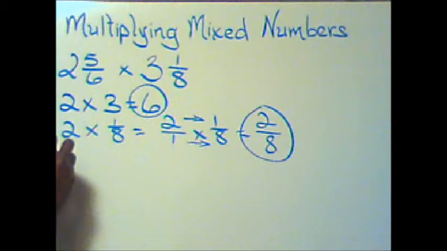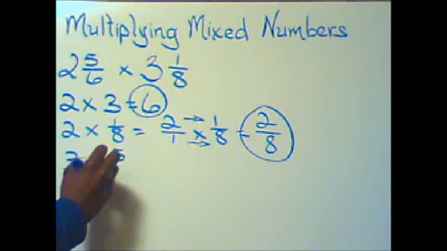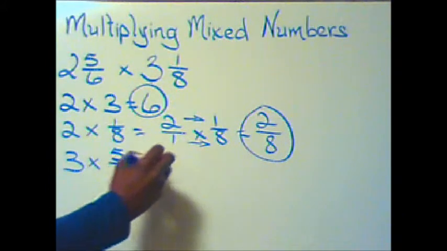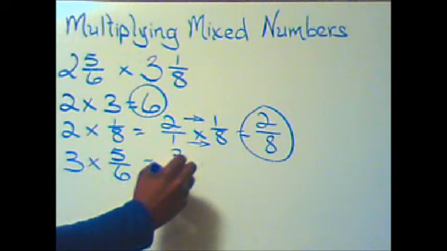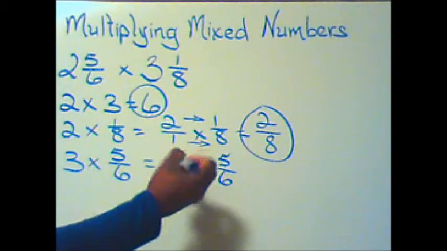Next we'll multiply 3 times 5/6. That equals 3 over 1 times 5/6.